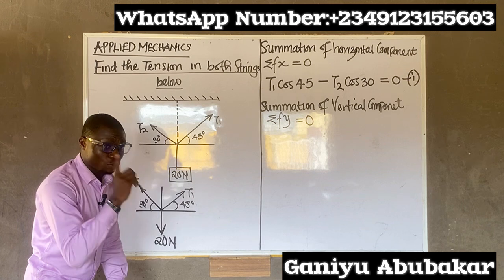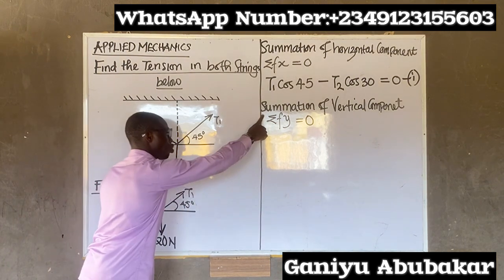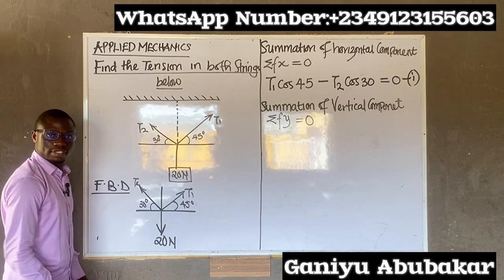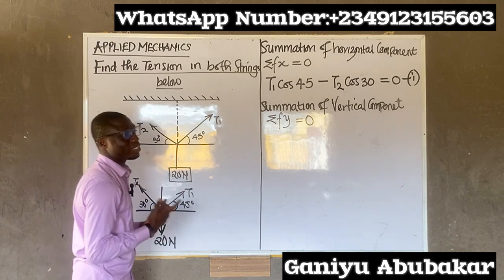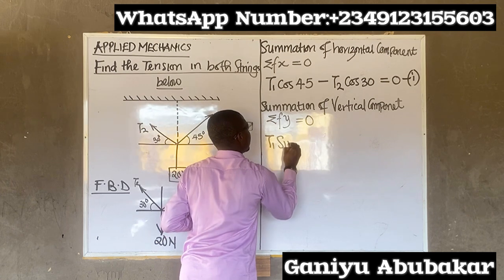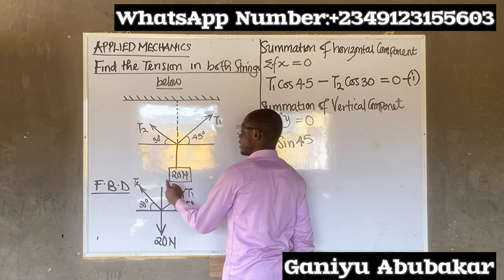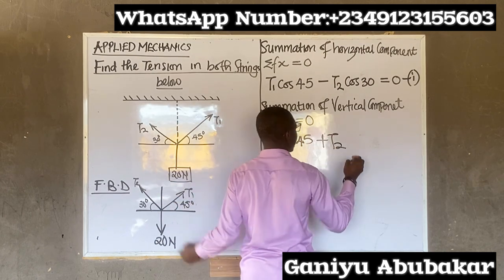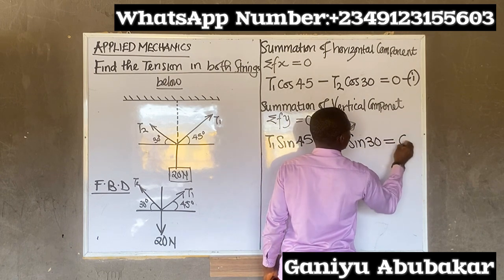If you have been in our class so far, you should know that for T1, the vertical components will all be in sine. So if I resolve T1 to the vertical, that becomes T1 sine 45. If I resolve T2 to the vertical, that gives you plus T2 sine 30, being equal to 0.